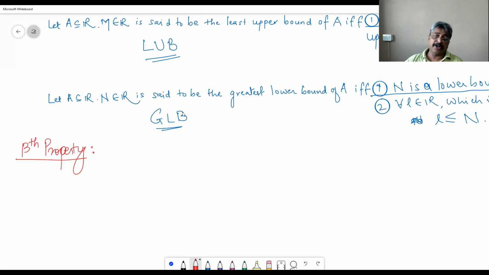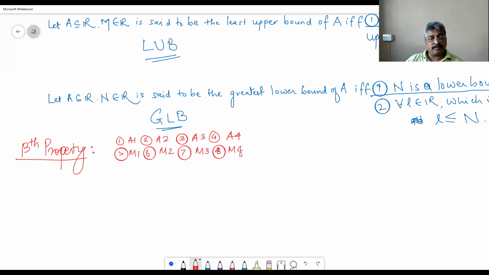Before we write the 13th property, let us revisit the 12 properties of real numbers that we have already assumed: A1 to A4, M1 to M4, the distributive property, and order properties 1, 2 and 3.